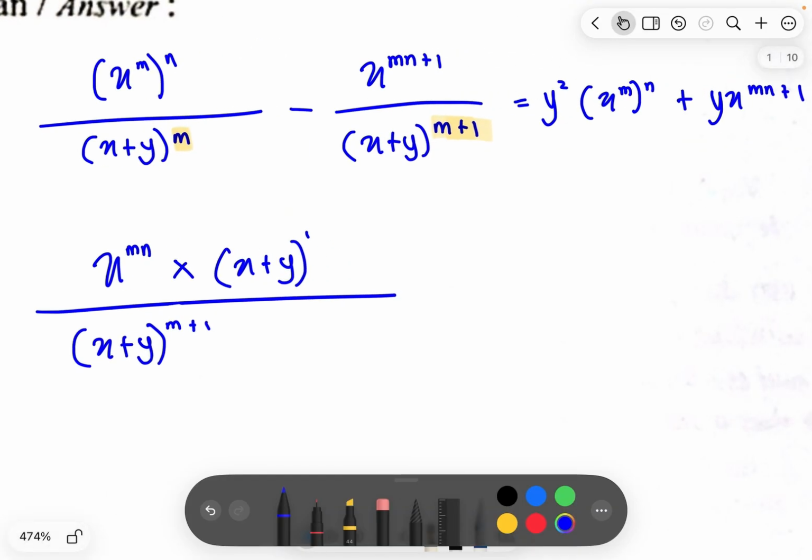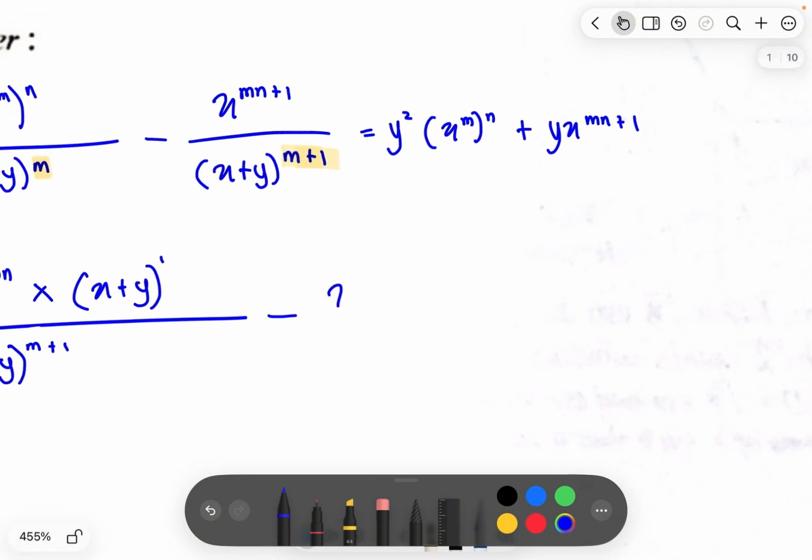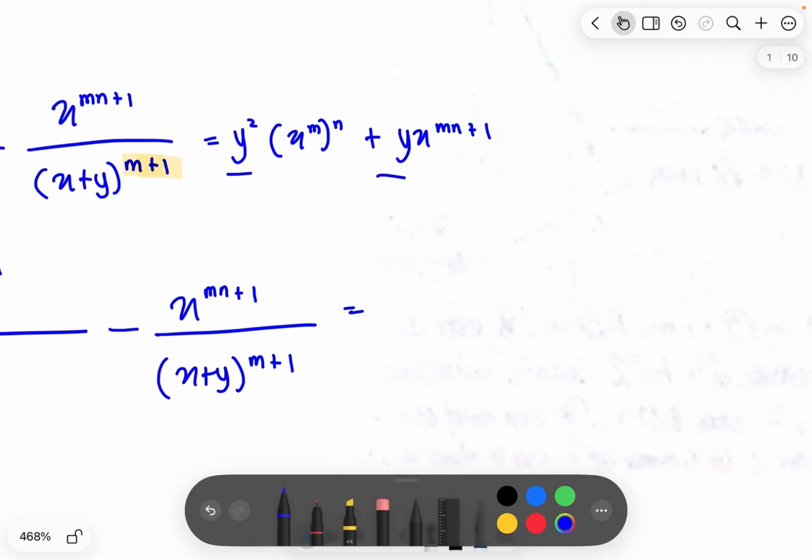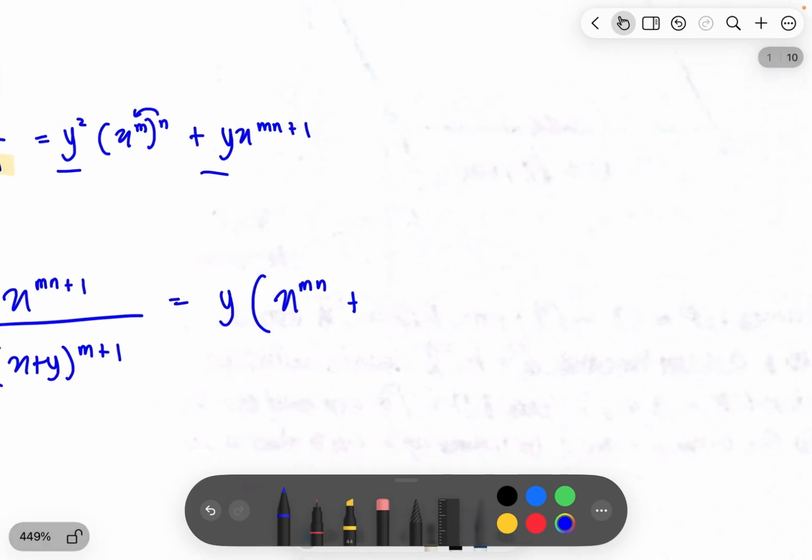So then I can combine these two, so I get minus x^(mn plus 1) over (x plus y)^(m plus 1), and I can factorize this y, so I'll take y outside and I'll times m with n, x^mn plus x^(mn plus 1).